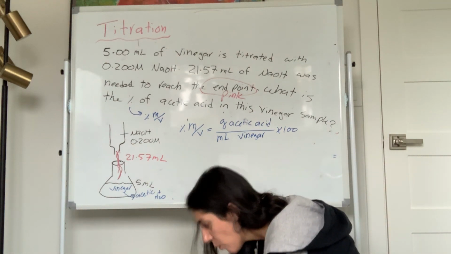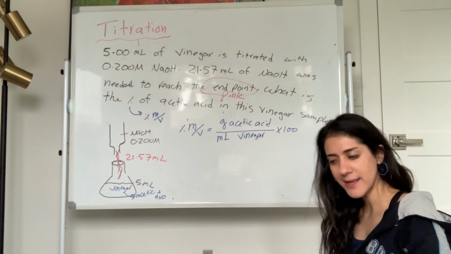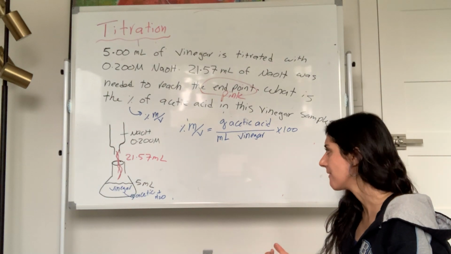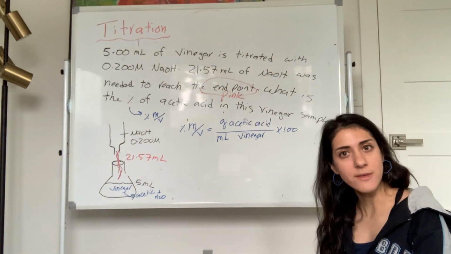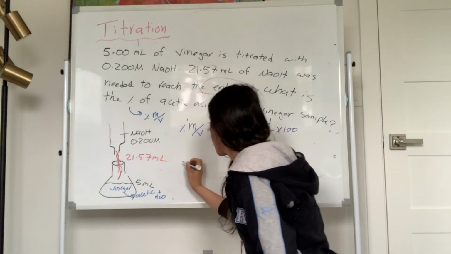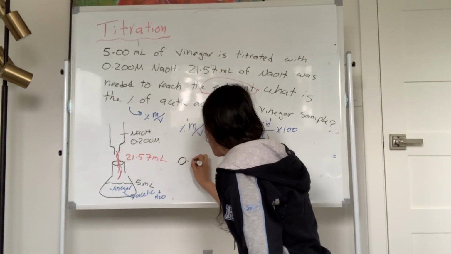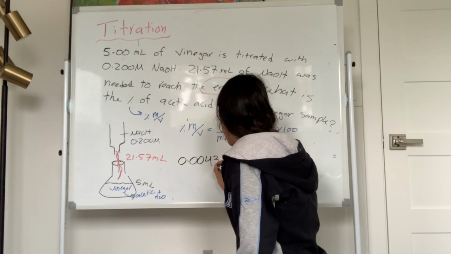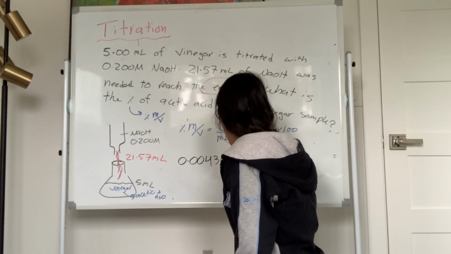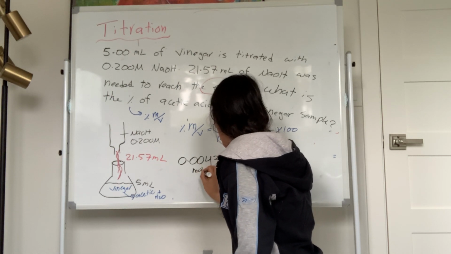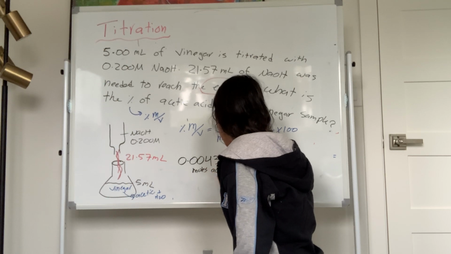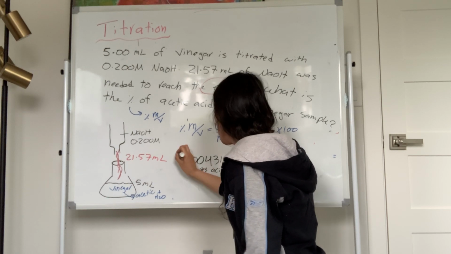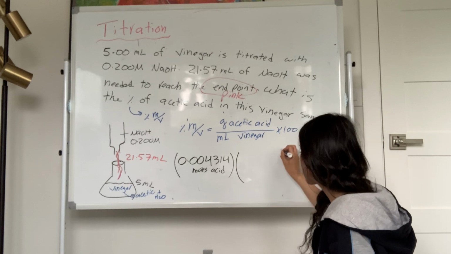Now, we don't have the grams of acetic acid, but what do we have? We have the moles of acetic acid. I know I just erased it, but you have it in your notebook. 0.00414 is my moles of acetic acid. How do I convert moles to gram?